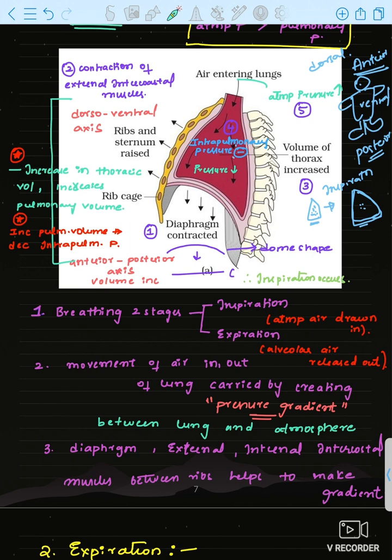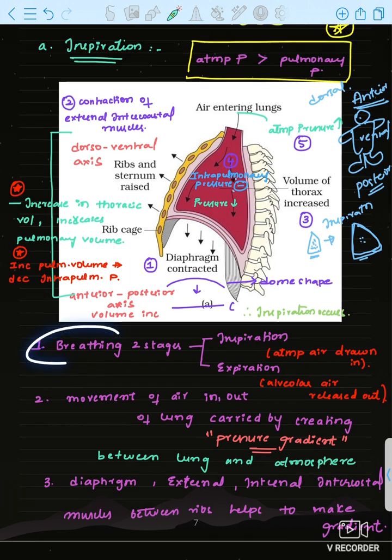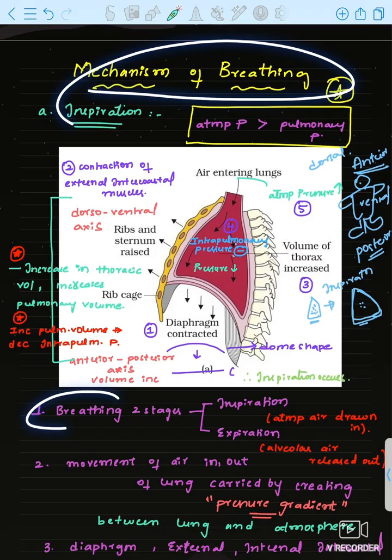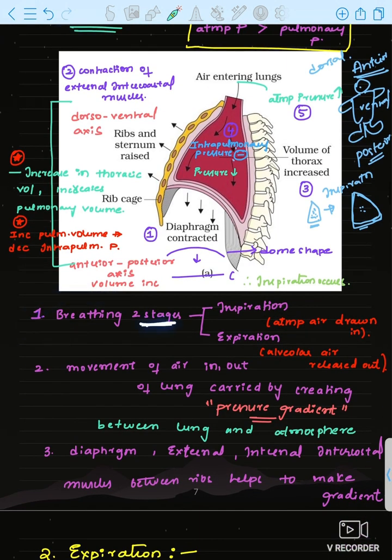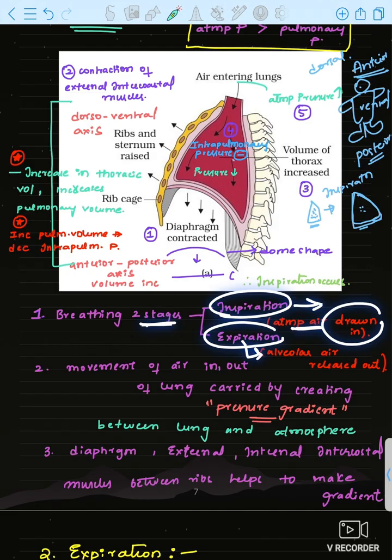Just this is like some explanation. We are discussing the mechanism of breathing only, no? Breathing occurs in two stages, inspiration and expiration. Inspiration means atmospheric air is drawn in. Expiration means what? Alveolar air.